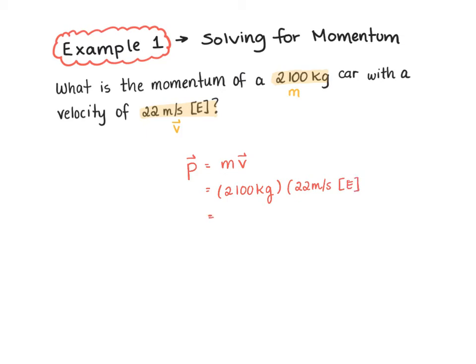And that's going to equal 46,200 kilogram meters per second. We could also write this in scientific notation as 4.62 times 10 to the 4 kilogram meters per second, and the direction on our momentum is going to be east.